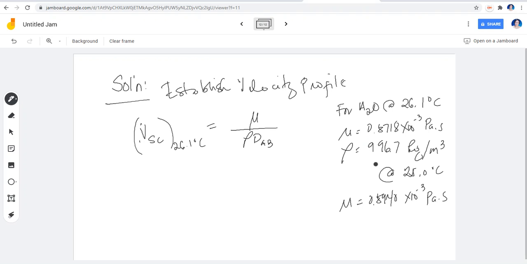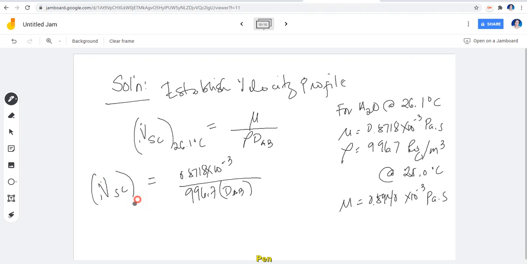Now, knowing this, we can go back to our Schmidt formula and substitute. So 0.8718 times 10 raised to negative 3, we have to divide it by 996.7 multiplied to our molar diffusivity. So take note, this is our Schmidt number at 26.1 degrees Celsius.